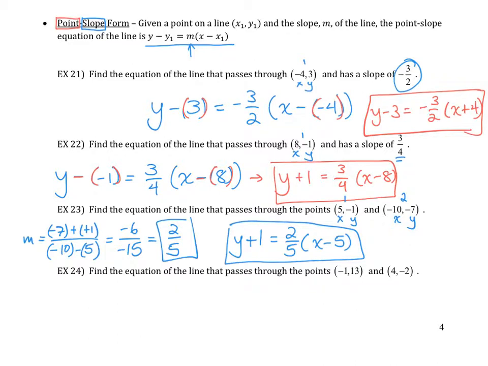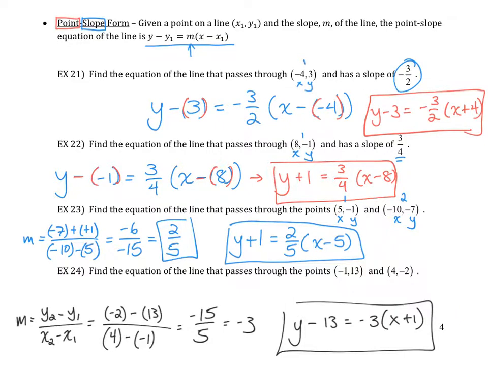The last example, I'm going to give you a chance to try. I'll come back in 5 seconds with the answer. Here's the solution. You can take y2, y sub 2 is negative 2, minus y sub 1 is 13, x sub 2 is 4, minus x sub 1 is negative 1.